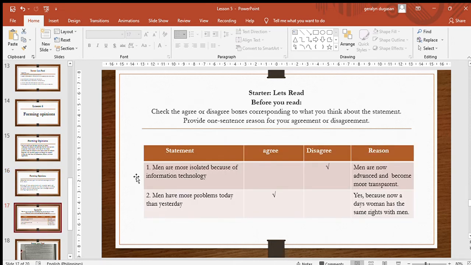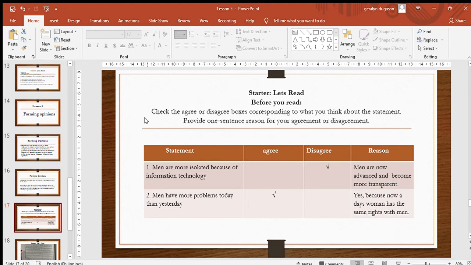The next slide is, we have here again a starter guide. Let's read, but before we read, check the agree or disagree boxes corresponding to what you think about the statement.